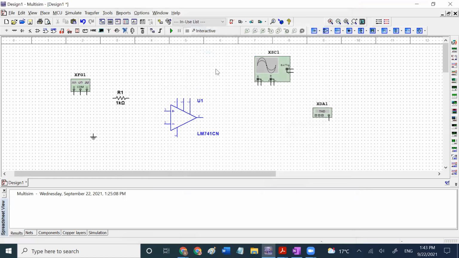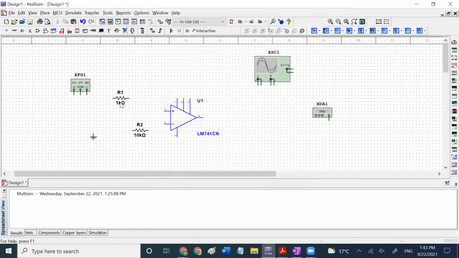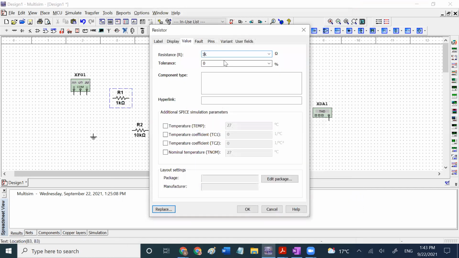I'm going to connect it. This will be 10K, and this will be 10K.